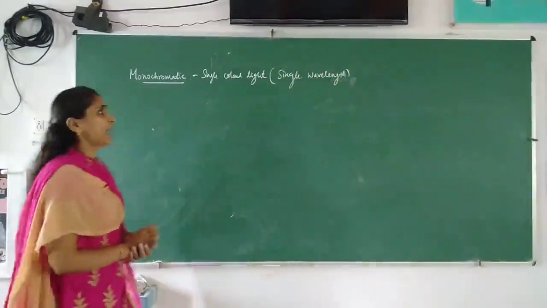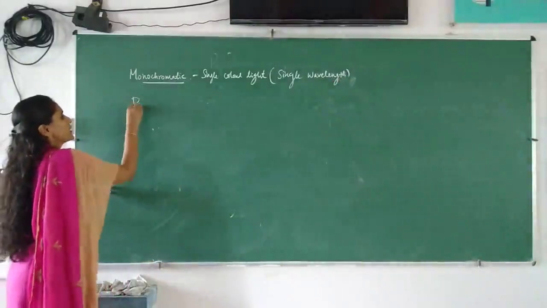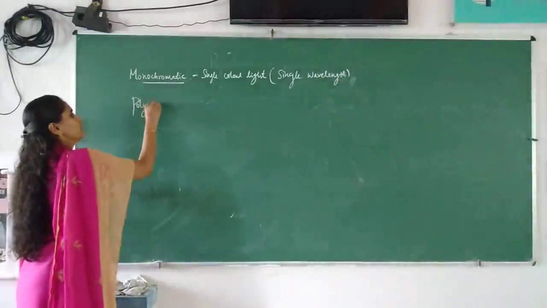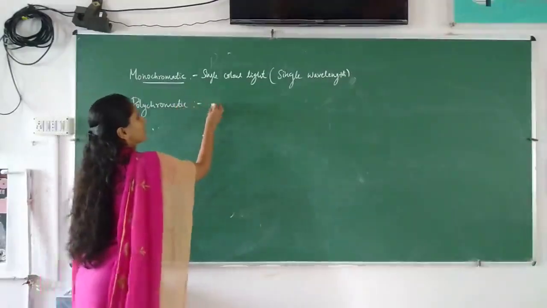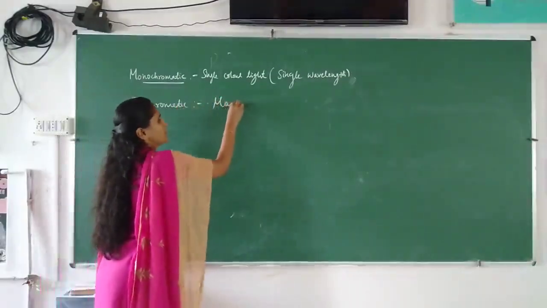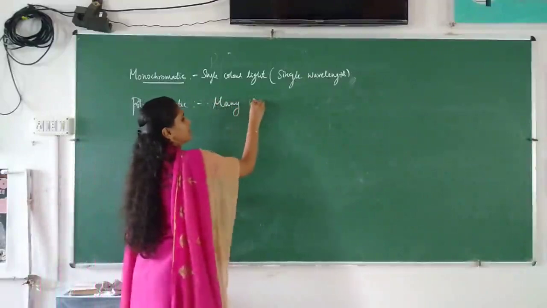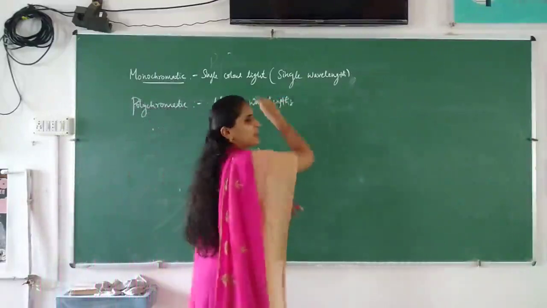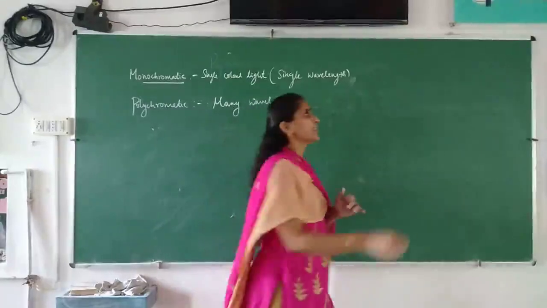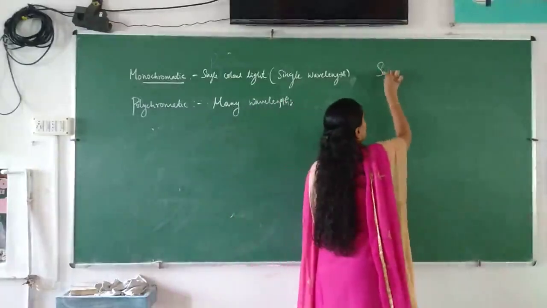Okay. And in the case of polychromatic light, many colors, many wavelengths will be there. An example of monochromatic light is a sodium vapor lamp.